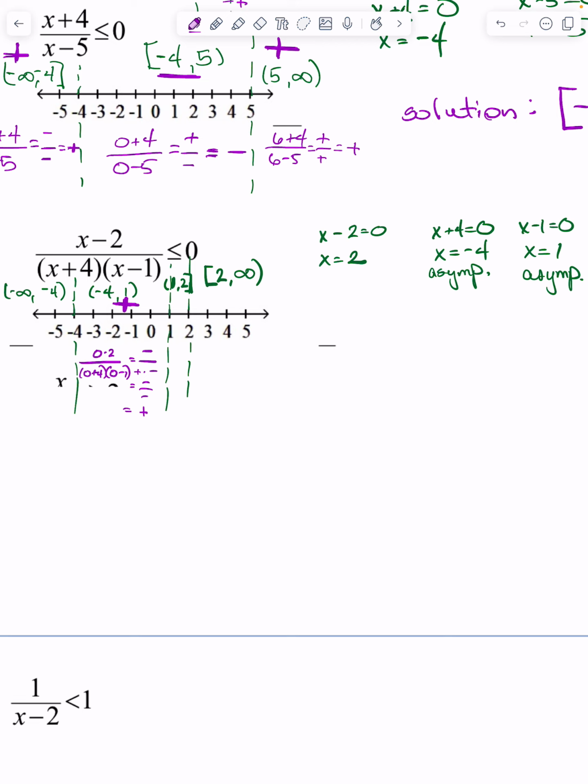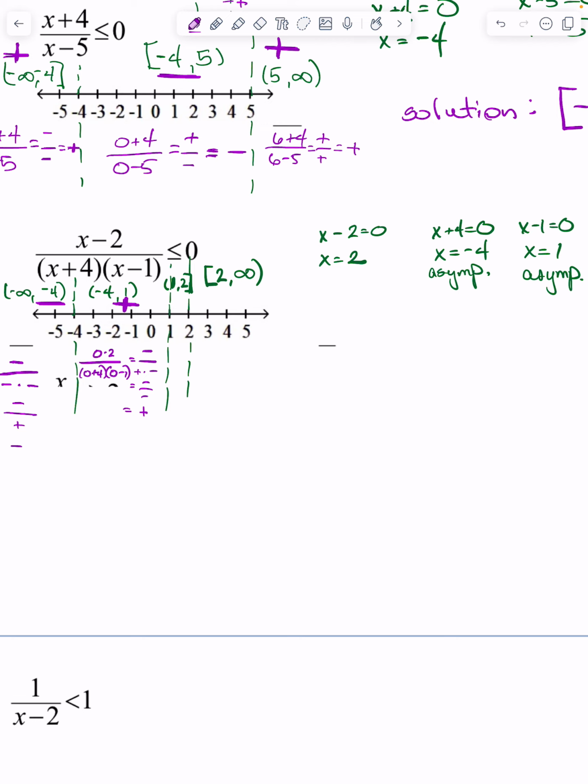I got negative 5, and I'm going to cheat now. Negative 5 minus 2 is going to give me a negative. Negative 5 plus 4 is a negative. Negative 5 minus 1 is a negative. So I got negative divided by positive, which gives me a negative in this interval.